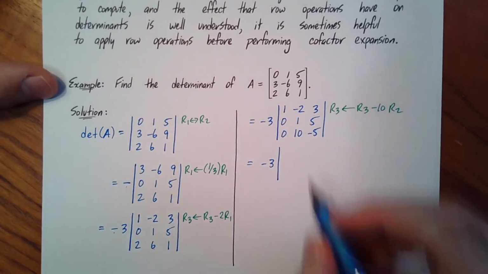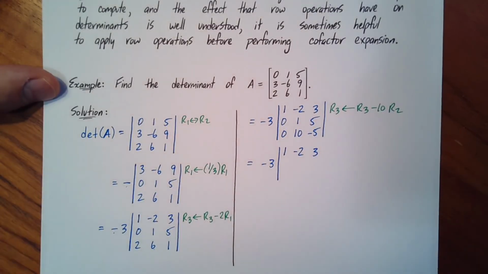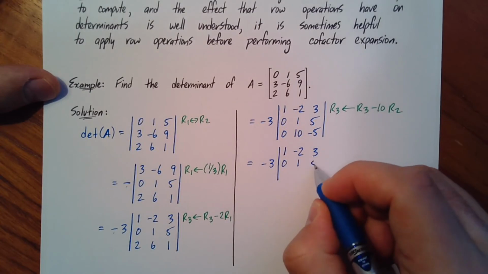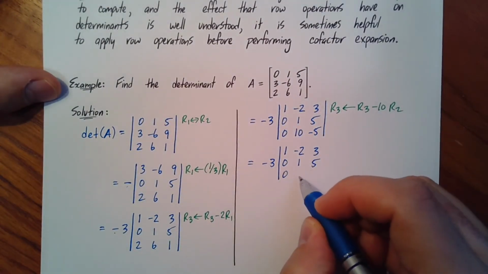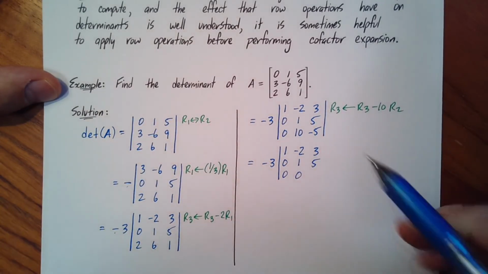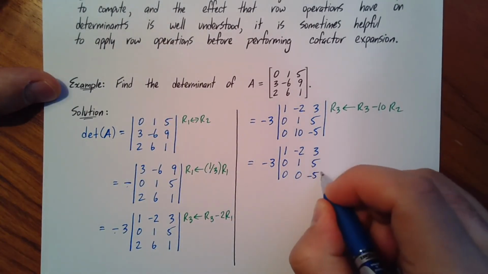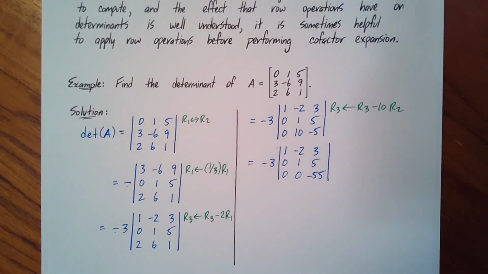The first row won't change, right? We'll have 1, -2, and 3, 0, 1, and 5. The second row won't change either, but now for the third row, we're going to have 0, 0, and then if I go -5 minus 10 times 5, I'm going to get -55.